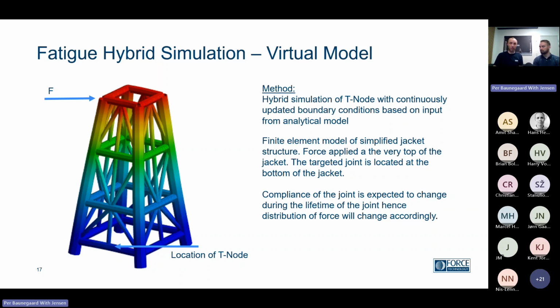We expect that the compliance of the joint will go down as we start to see a crack. And then the model will tell us how the forces internally are redistributed once this compliance goes down. And then we'll send out a new boundary condition saying, now we're not experiencing the same force at that joint. So this is the boundary condition for that particular joint. That is the overall idea.